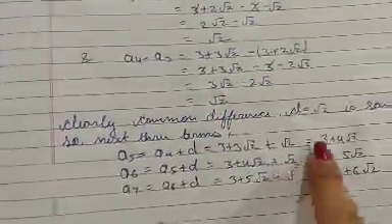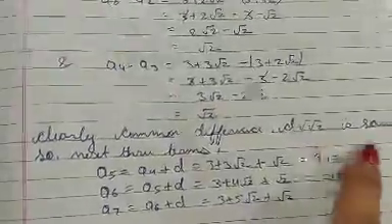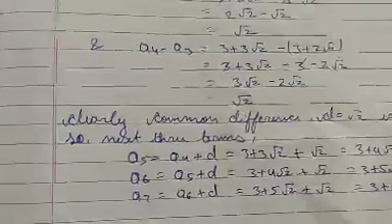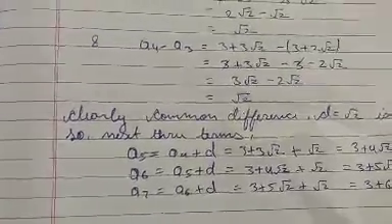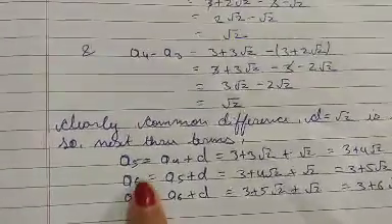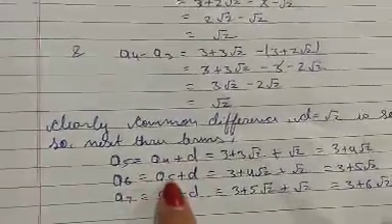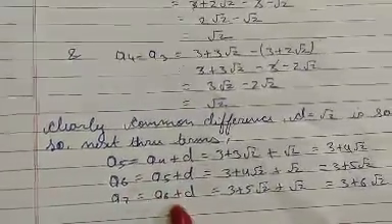Clearly the common difference is root 2, the same throughout the series. So the next three terms, a5, a6, a7: a5 will be given by a4 plus d, a6 by a5 plus d, and a7 by a6 plus d.